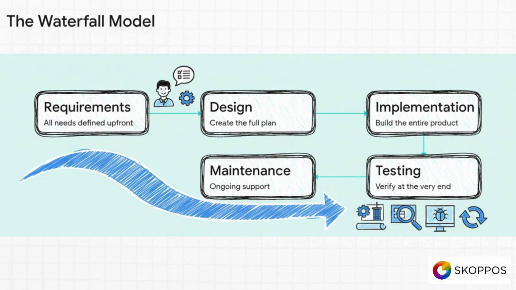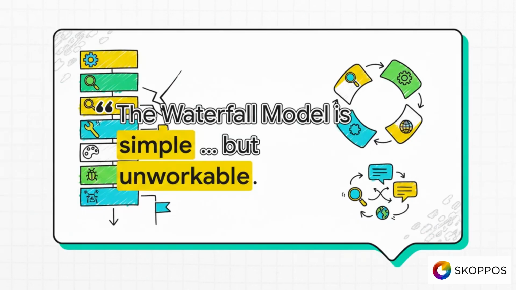The problem is, the real world just doesn't work that way. I mean, needs change, new ideas pop up, markets shift. As the Institute of Localization Professionals puts it so well, the model is simple, but it's ultimately unworkable. Its biggest flaw is assuming you can possibly know everything you'll ever need at the very start of a long project.